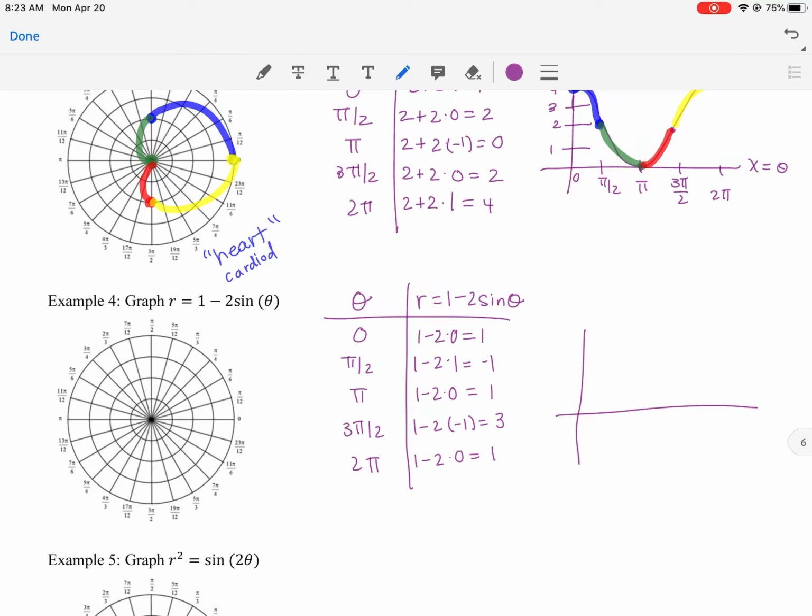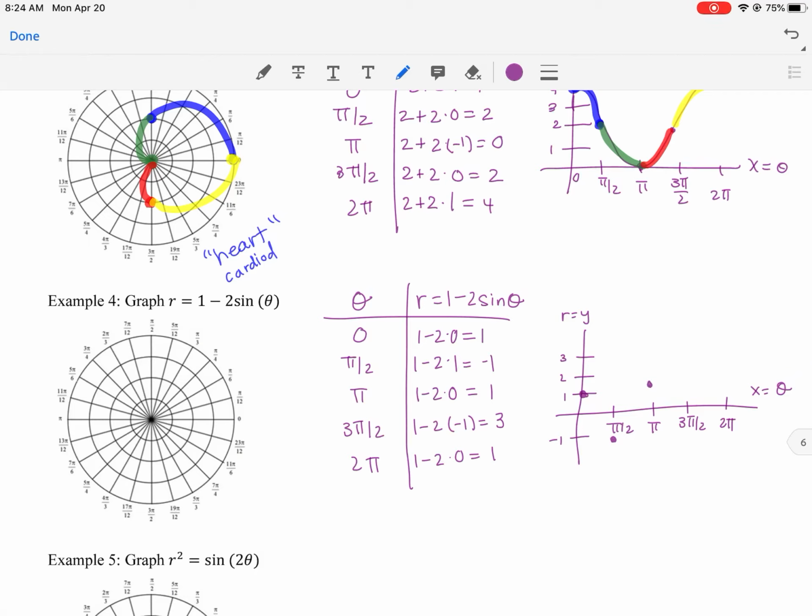So, as we think about this graph, we've got 1, 2, 3 for our r, which is kind of equivalent to y. X is going to be like our theta, and we're down to negative 1. And then we're going to have pi halves, pi, 3 pi halves, and 2 pi. So here we start at 1.